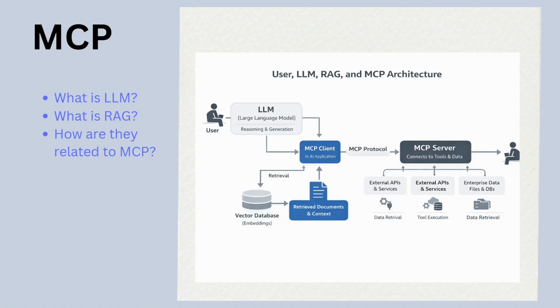So how can it do that? It has to connect with the client, the MCP client. Based on the LLM requirement, the MCP client will reach out to a vector database or might retrieve a document to understand what is the leave policy of ABC Corp.